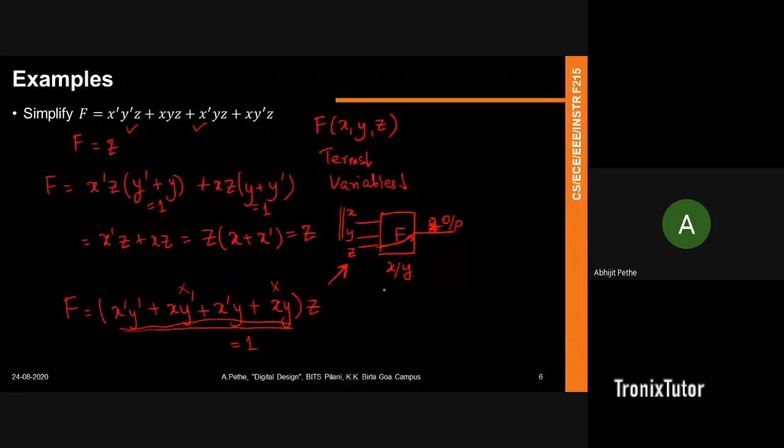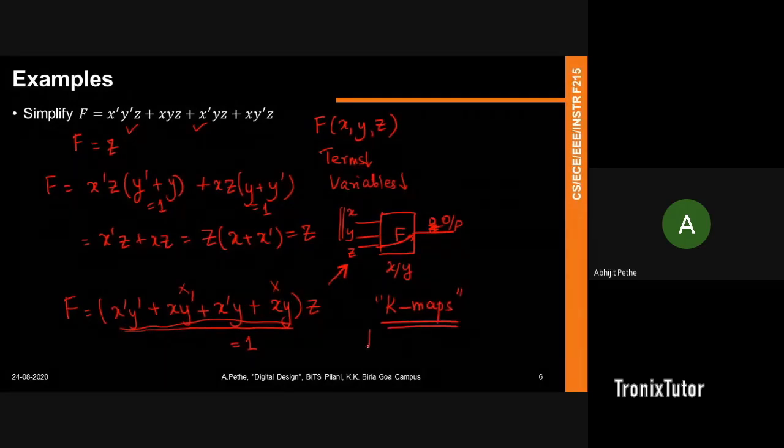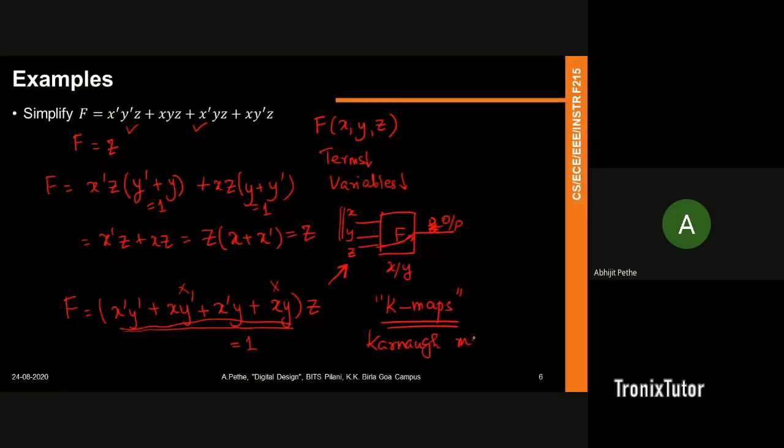So this is the cumbersome method of doing this. Then what we'll look at, in 2 lectures, is this method known as K-maps or Karnaugh maps. And Karnaugh maps are a very powerful graphical method to do the same thing. And you'll see that with this, it's only a matter of seconds before you can minimize any function, right? So again, we'll teach all this in class going forward.